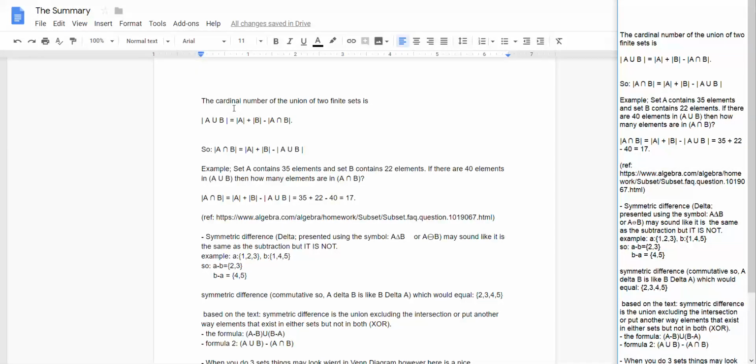So yesterday we went through the functions that have to do with unions and intersection.